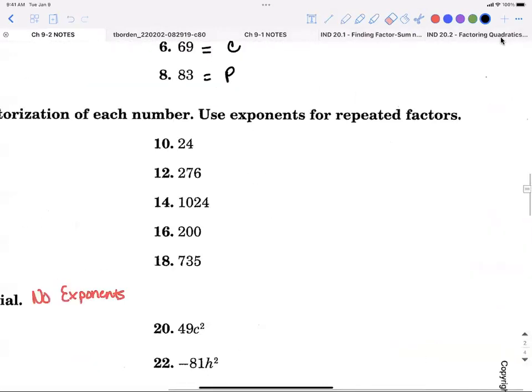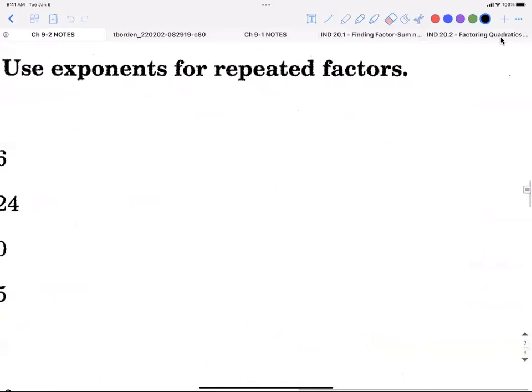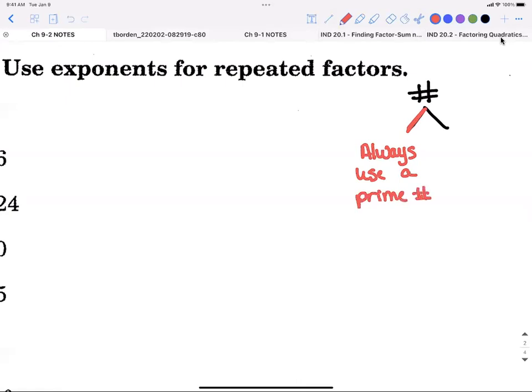So the little note I want you to write to yourself is that when you're factoring any number, on the left side, which is this side right here, I'll do it in red, you always use a prime number.